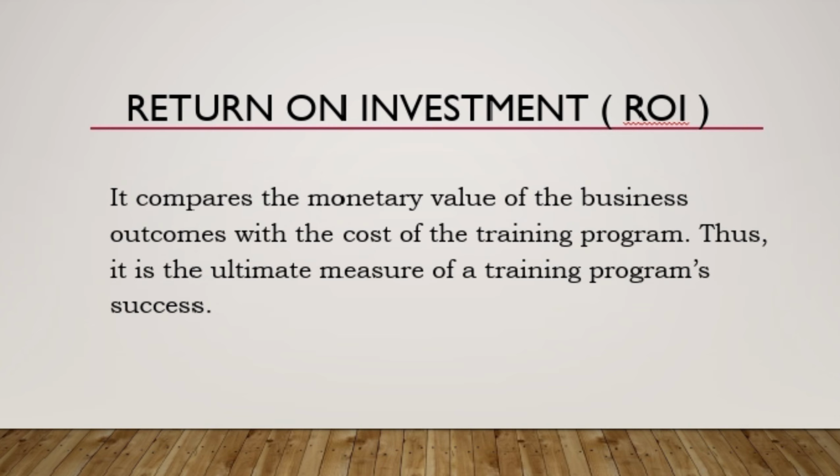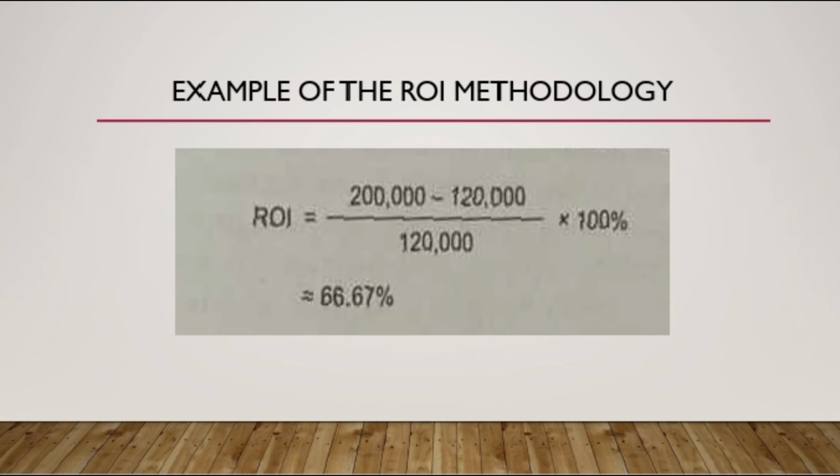If ROI, or return on investment, is negative, HR must investigate the root cause, which is the failure in learning. So I have here an example of the ROI methodology.